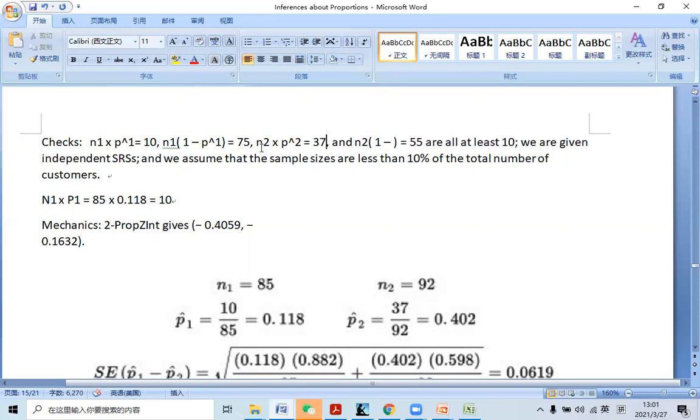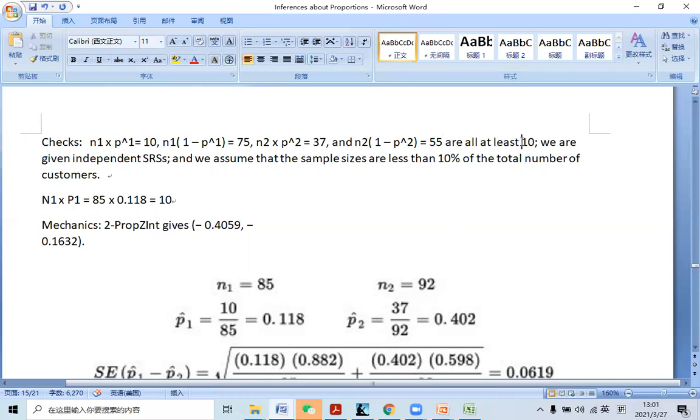These are the sample 2. Altogether you have 92 people, and of these 92 people, 37 paid with checks. N2 times 1 minus P2, that's a complement. 55 paid with some other means in this second sample.